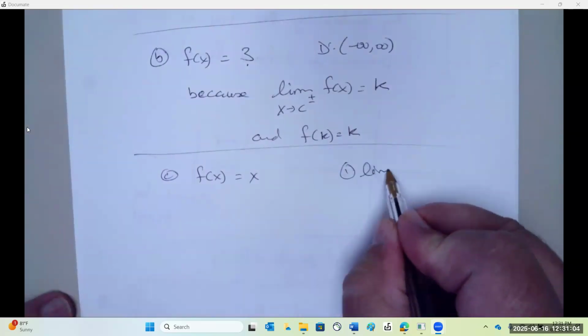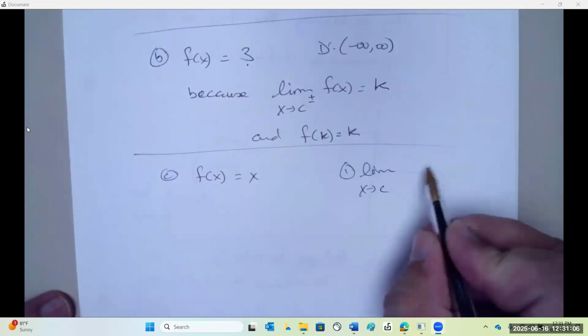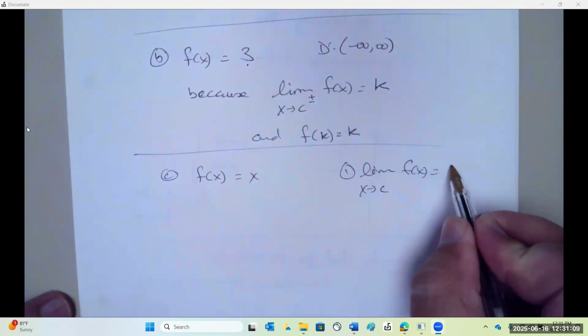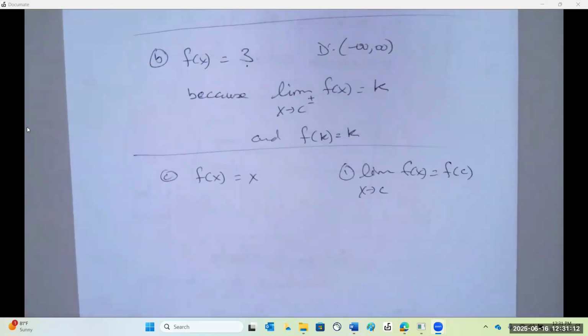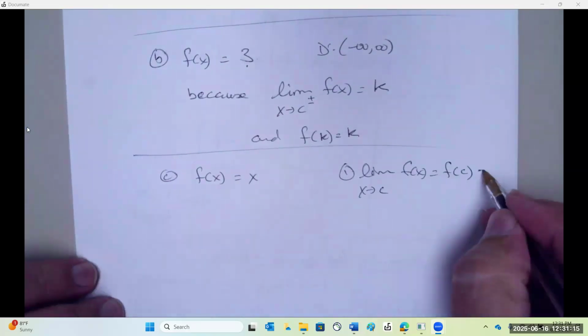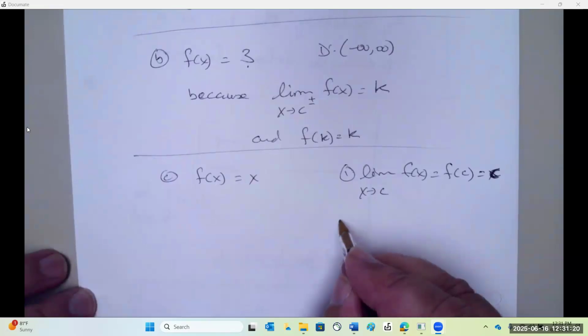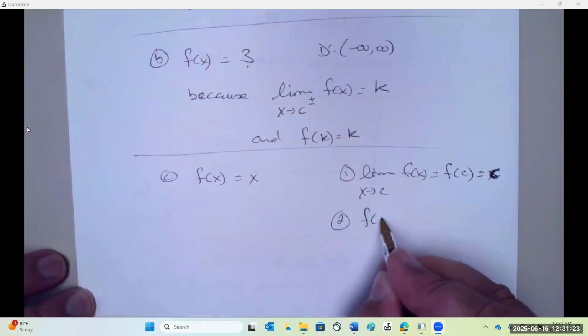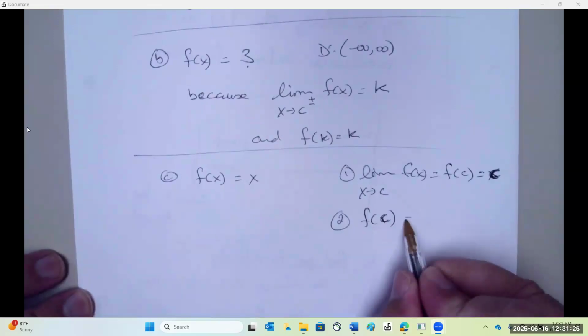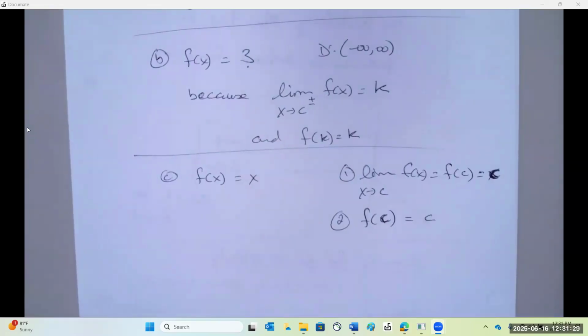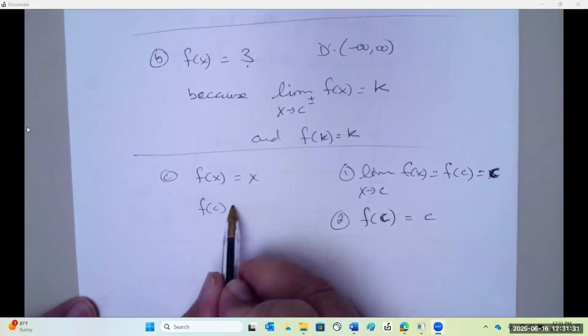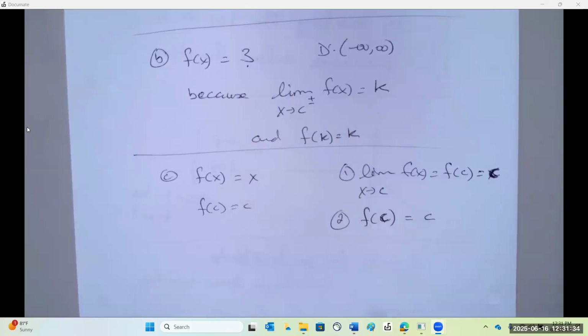One, the limit exists. Two, it equals f of c, which is c. f of c exists, and that's c. So any value you give me, if I have f of c, that equals c. So that's the reason why, because it satisfies the limit criteria and it satisfies the value existing criteria.